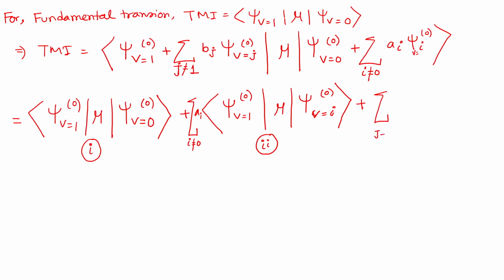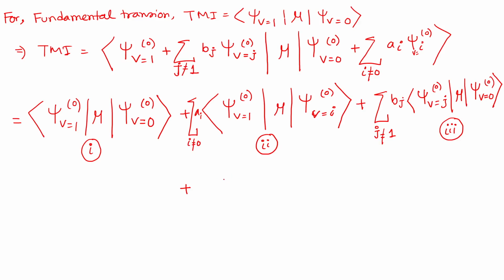Summation j cannot be equal to 1, bj, then v equals to j zeroth order, then your dipole moment operator, then you have this, and at the end, this is your third term.